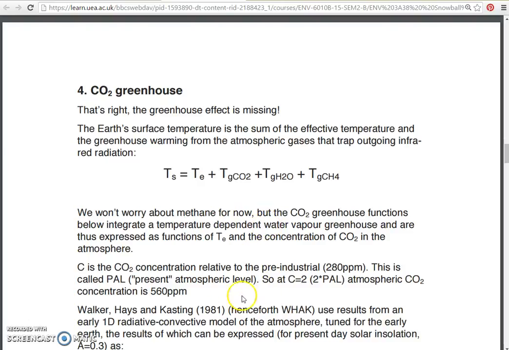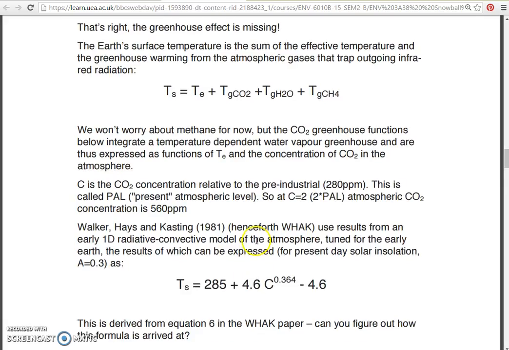So these formulations use CO2 relative to the present, or at least the pre-industrial, so PAL, present atmospheric level, but really the reference level is normally the pre-industrial level, so before we started emitting carbon from fossil fuels and increasing the CO2 concentration.